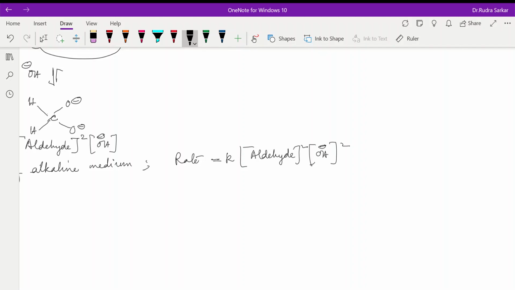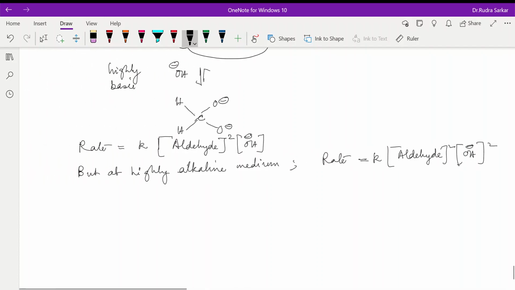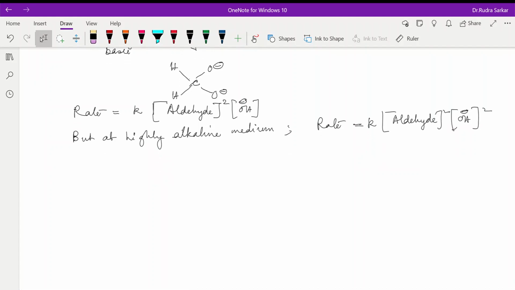So questions regarding this may be asked in your competitive exams. So this is one more fact about the reaction.